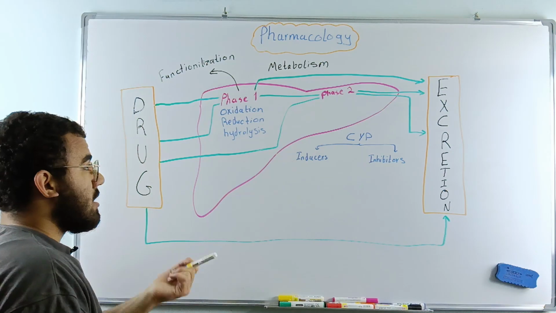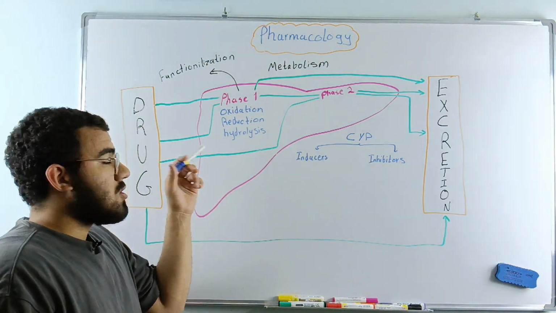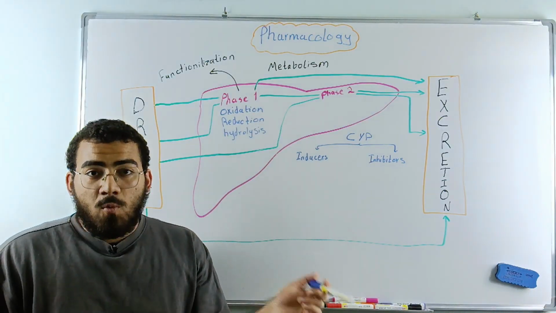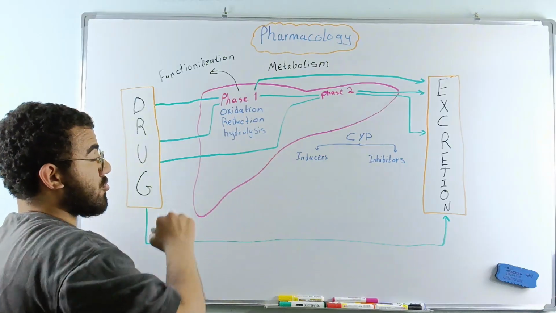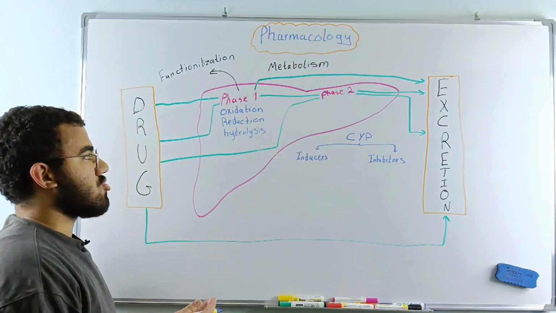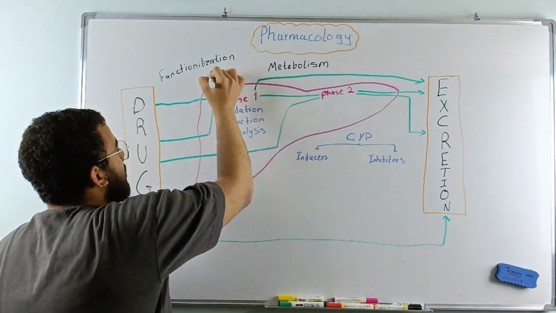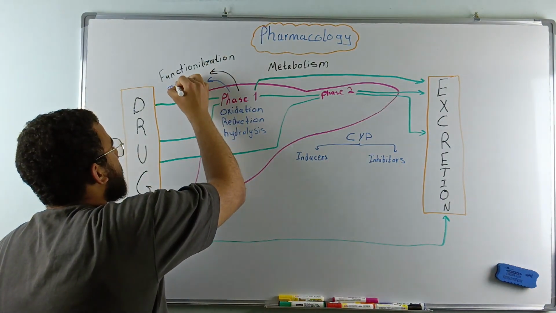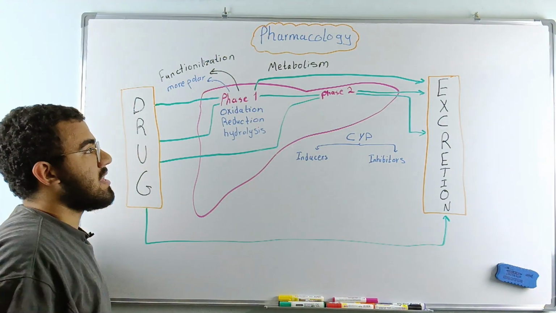So if you want it to be excreted more easily, you want this drug to be less lipophilic, which means hydrophilic. By adding these functional groups, by oxidation, reduction, and hydrolysis, you're making this drug more polar. And this is actually what phase one and phase two are mainly all about.